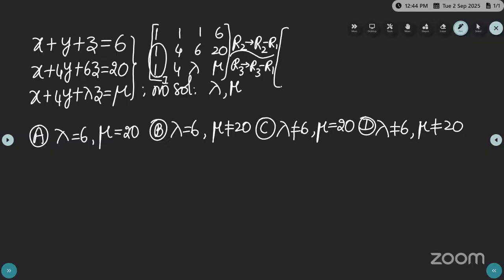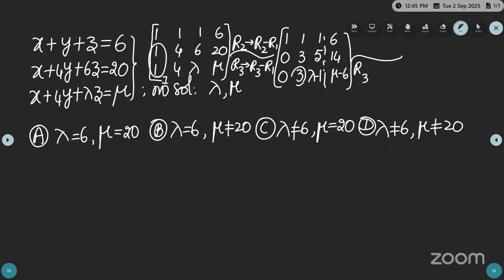What is it now? 1, 1, 1, 6. R2 minus R1: 4 minus 1, 5... Make this 0 in the second row, in the third row, using the second row. How?